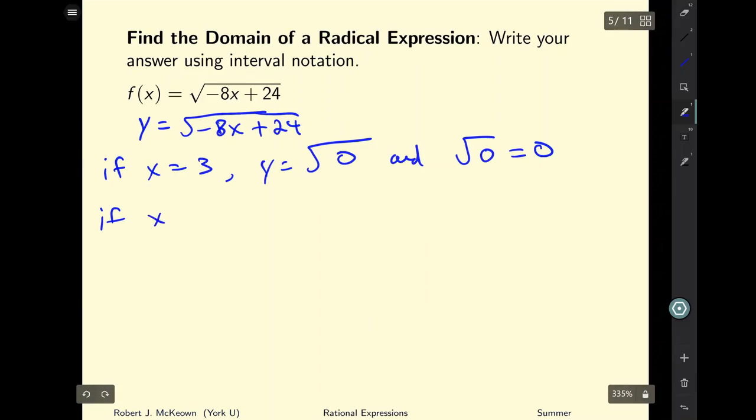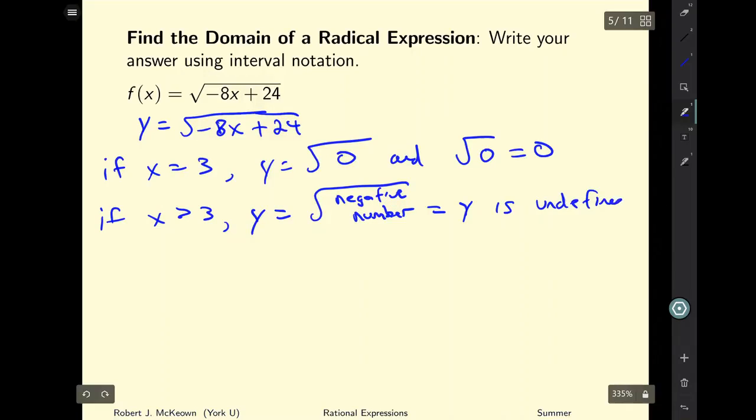If x is greater than 3, then y will be the square root of a negative number, which means y is undefined. So we won't know what y is if x is strictly greater than 3.